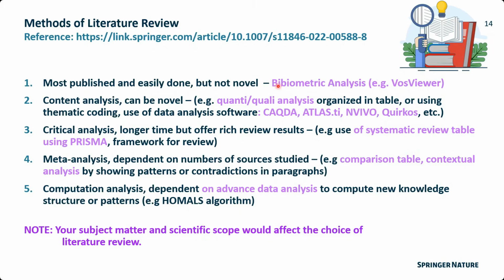On the other hand, if you don't want to do bibliometric, you can do content analysis, whether quantitative or qualitative. You can use other software like this. However, you need a license to access Atlas.ti, NVivo, Quercus.